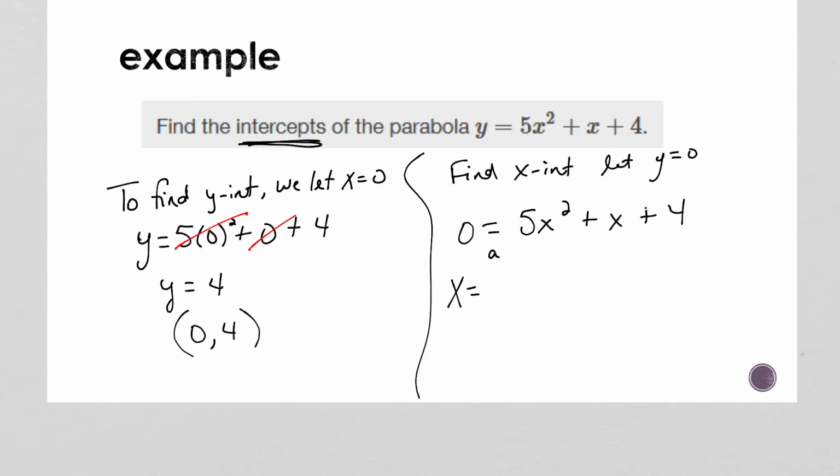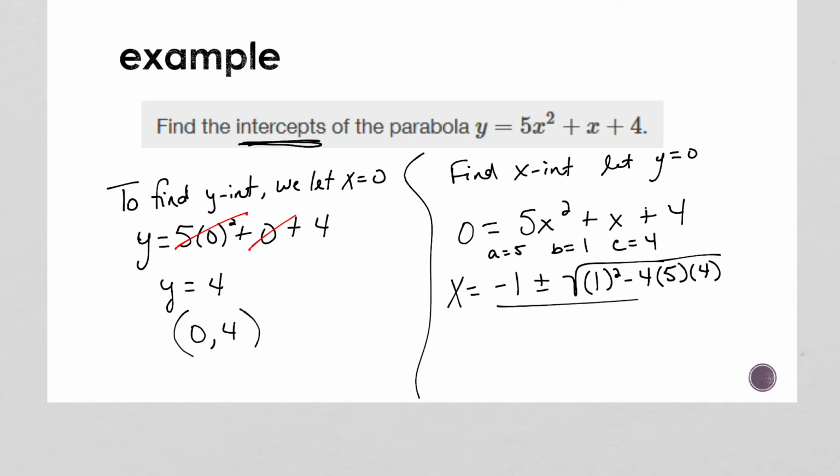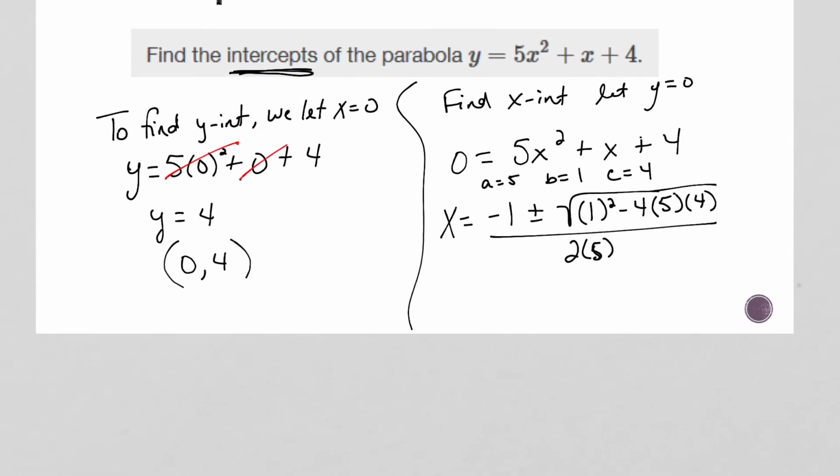Our a is 5, our b is positive 1, and our c is 4. So we've got x equals negative 1 plus or minus the square root of 1 squared minus 4 times 5 times 4, all over 2 times 5.